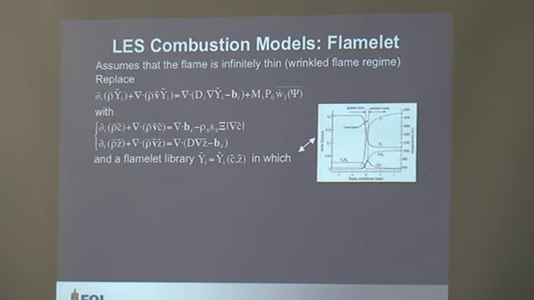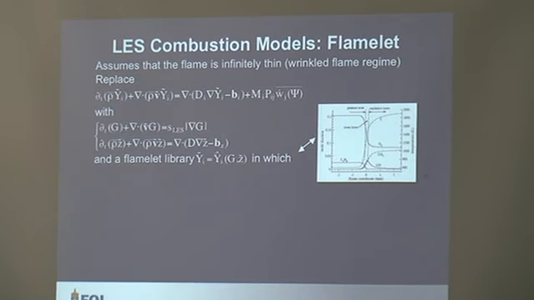In the flamelet approach, you essentially replace the species equations with equations for reaction coordinates, normalized temperature, normalized mass fraction, for example, and a mixture fraction if you're dealing with partially premixed flames or something like that. And you couple that to a flamelet library, as we saw before.